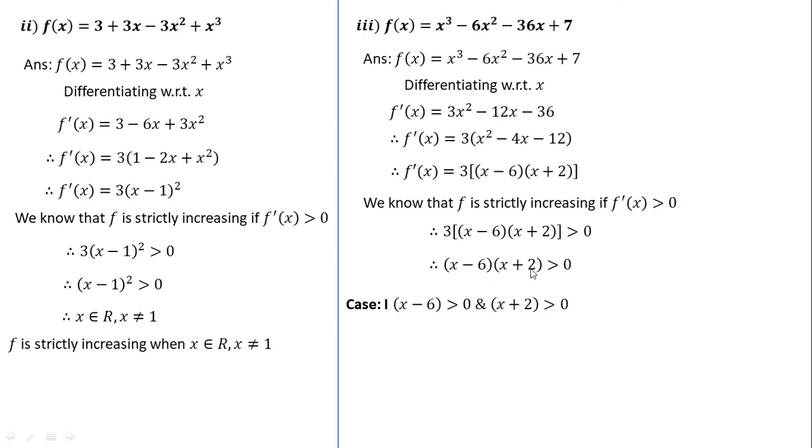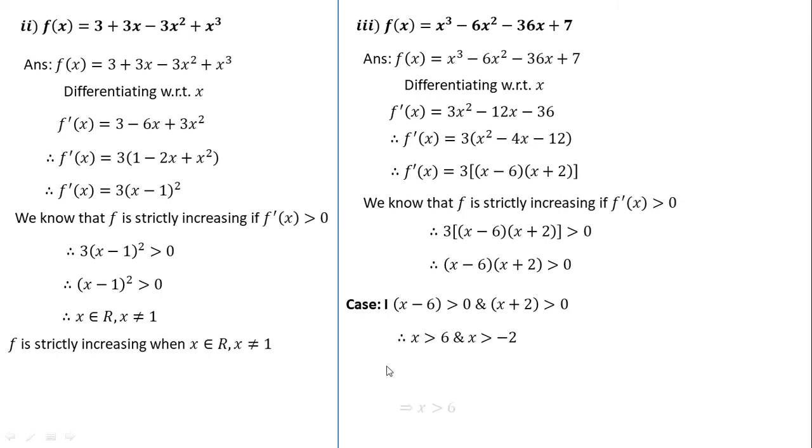To get the product of two numbers positive, we have to consider case number 1, that x minus 6 is greater than 0 as well as x plus 2 is greater than 0. If both numbers are positive, then the product will be positive. So here we get x greater than 6 and x greater than minus 2.